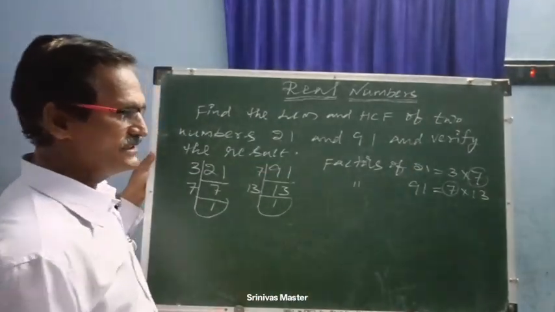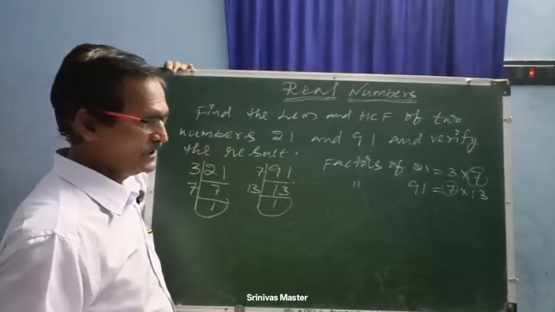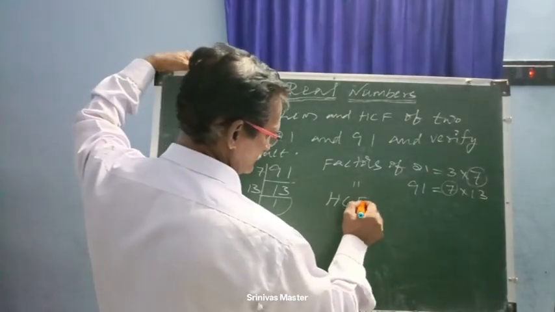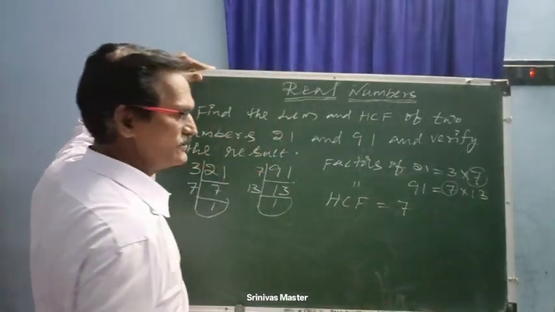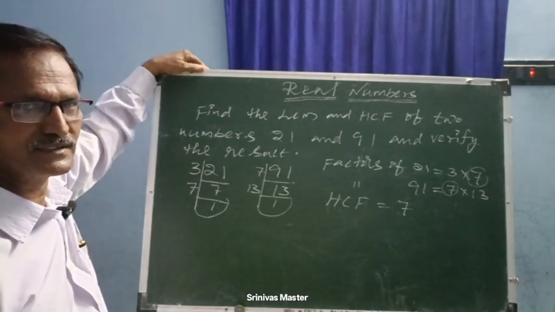Whatever you take as the common factor belongs to the HCF. Remember carefully. So HCF is equal to 7. So 7 only is the HCF of the given two numbers, right?